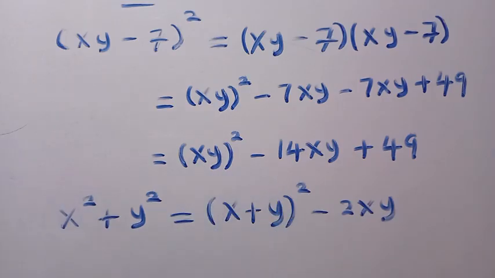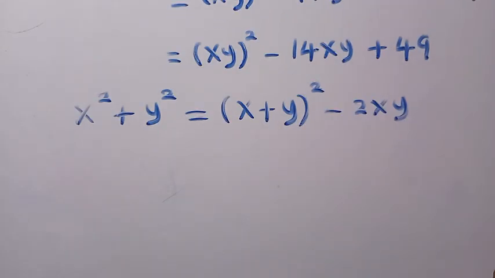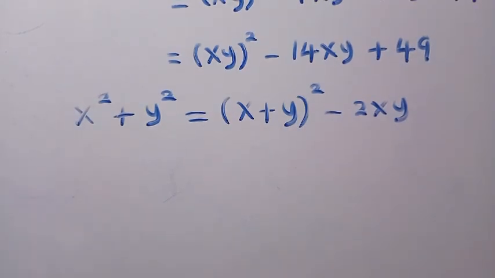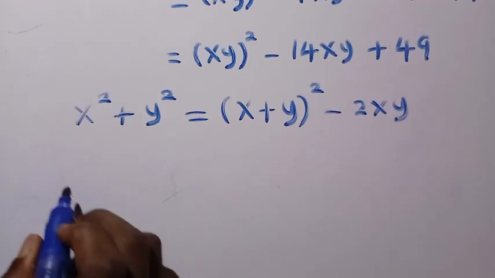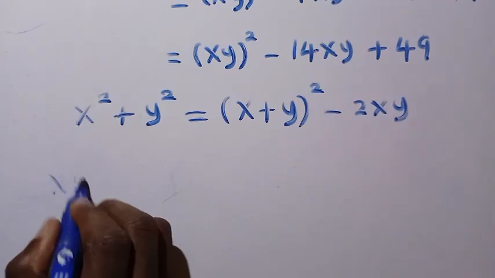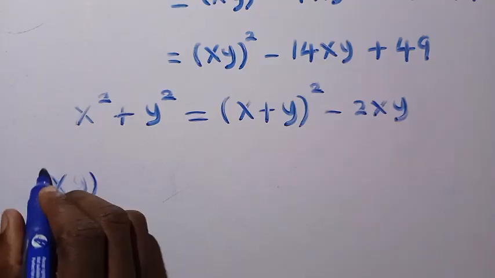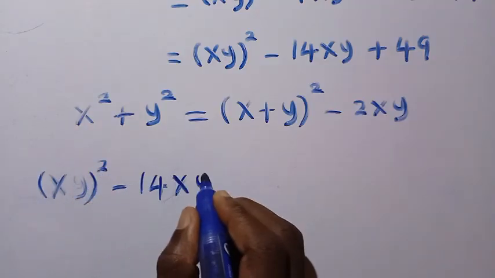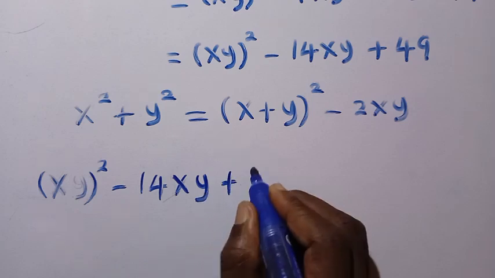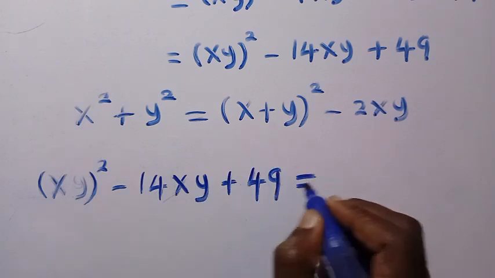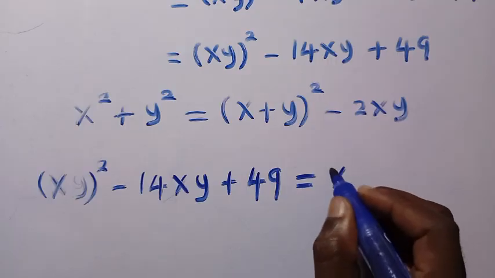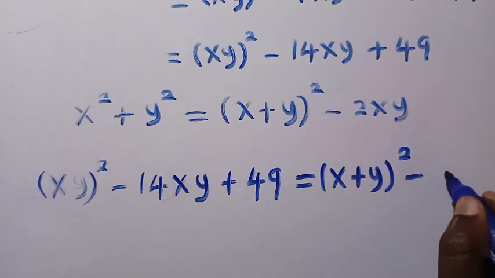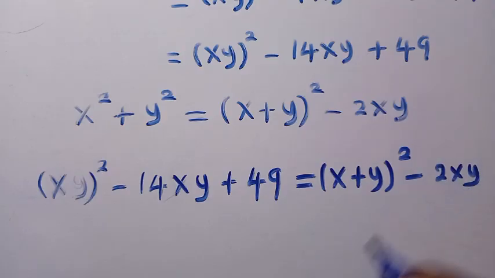Let's try and combine these two together. For the first one, we have (xy)² − 14xy + 49 equals (x + y)² − 2xy.